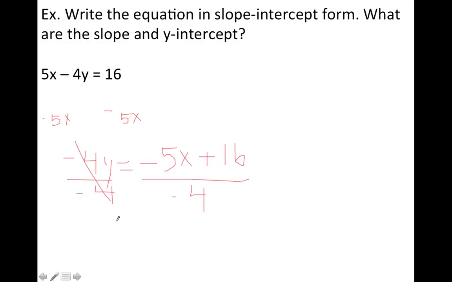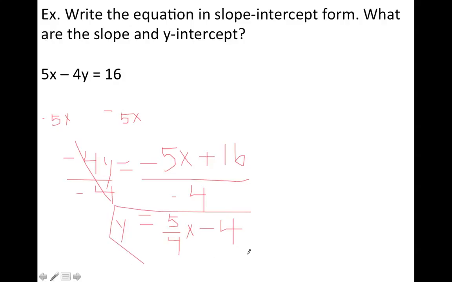Those are gone. We get y equals, now don't forget negative divided by negative is positive, so I have a positive 5/4 x, and then we have 16 divided by negative 4, we get negative 4.